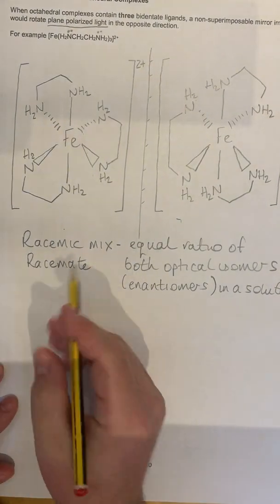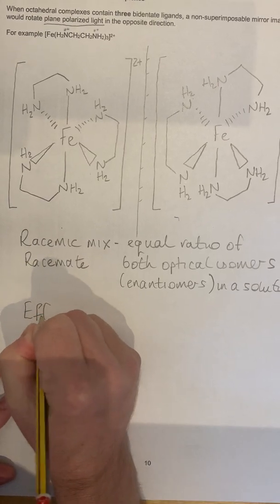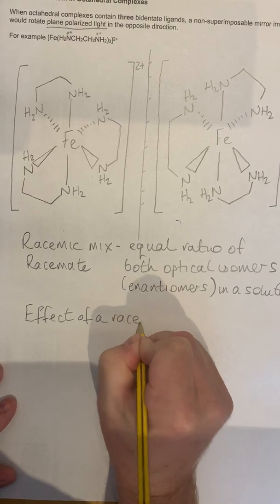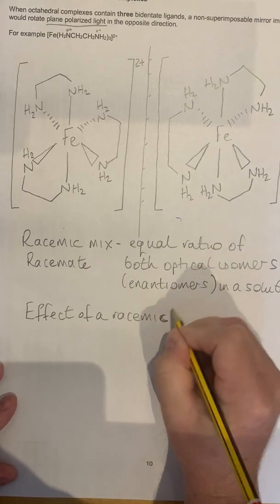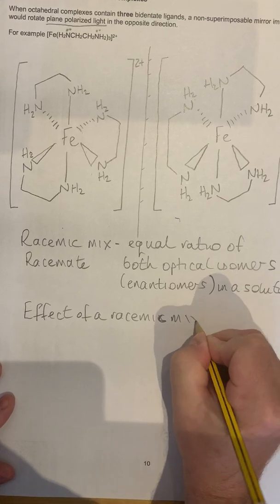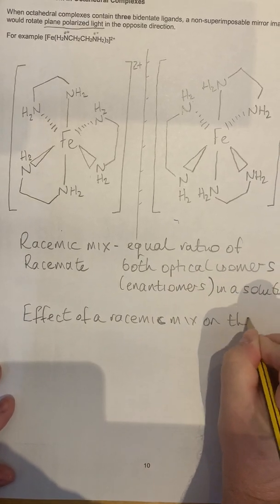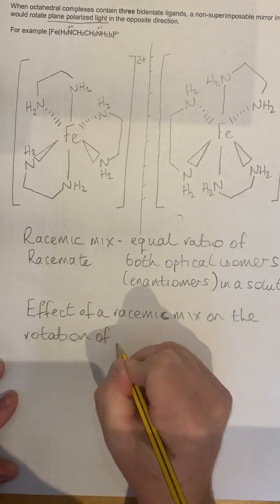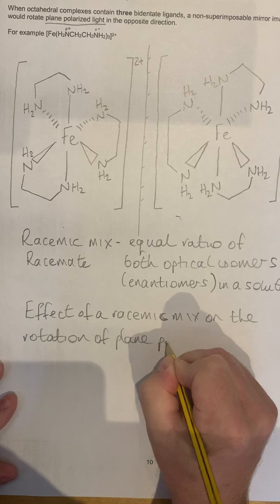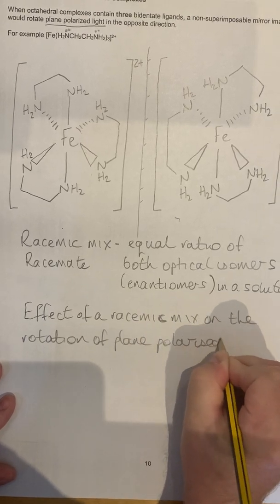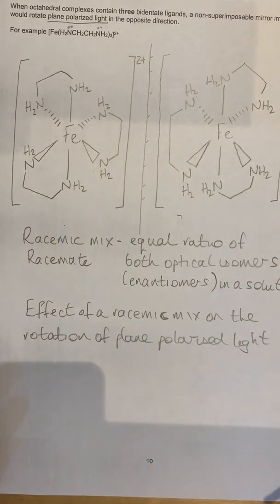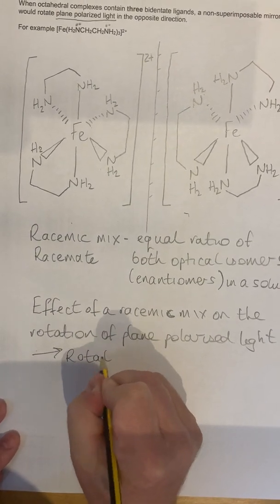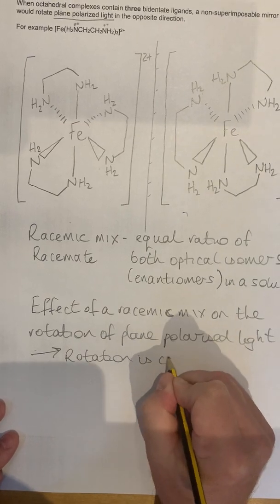Now the effect of a racemic mix on the rotation of plane polarized light is that rotation is cancelled out.